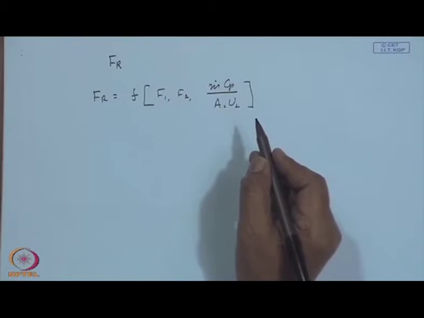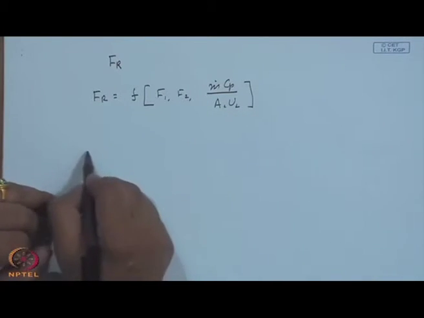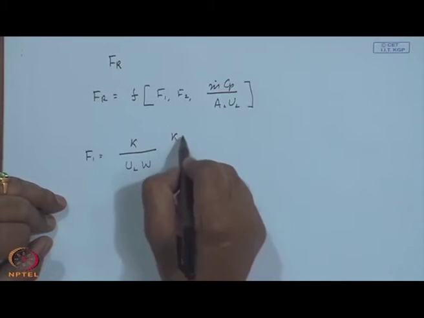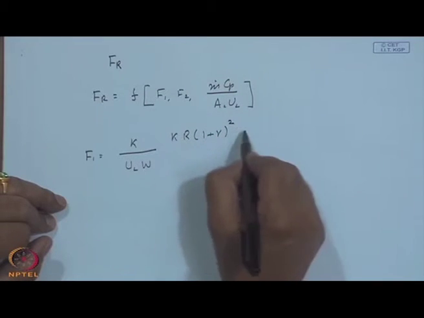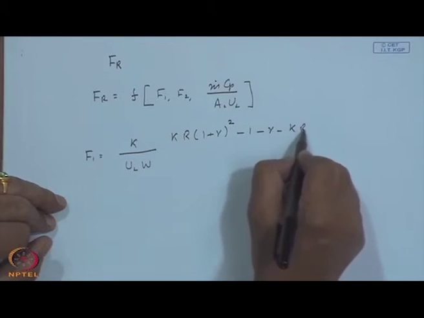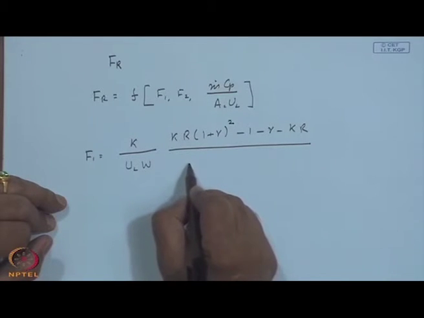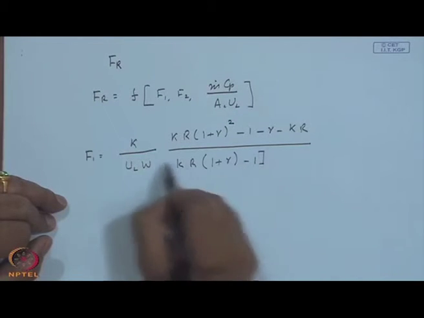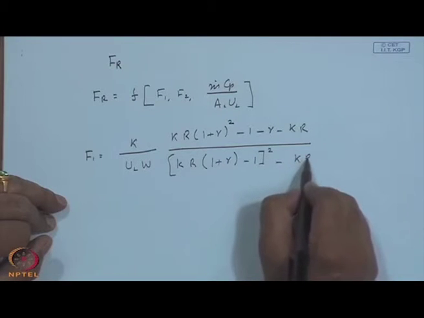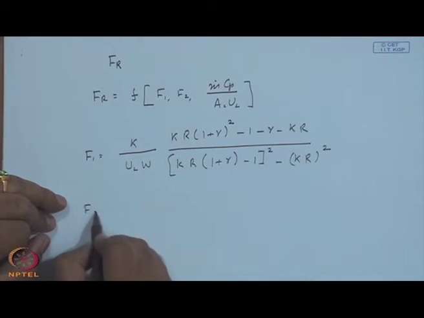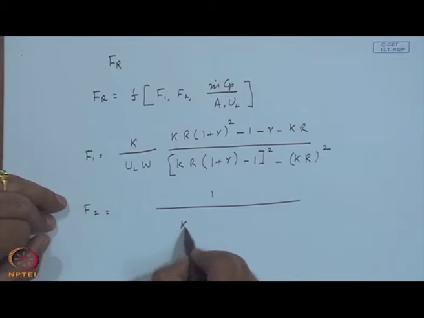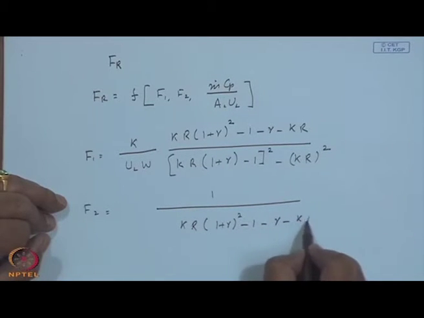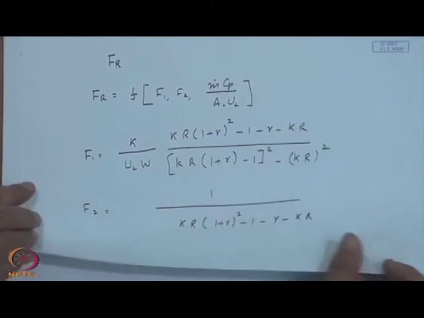This is what we get in your heat removal factor all along, where f1 is defined as kappa by UL, overall loss coefficient, times W into K or 1 plus gamma to the power 2 minus 1 minus gamma minus kappa R upon K R into 1 plus gamma minus 1 whole squared minus kappa R square, and the other parameter f2 is 1 by kappa R 1 plus gamma whole squared minus 1 minus gamma minus kappa R. I hope I have put the notation here.